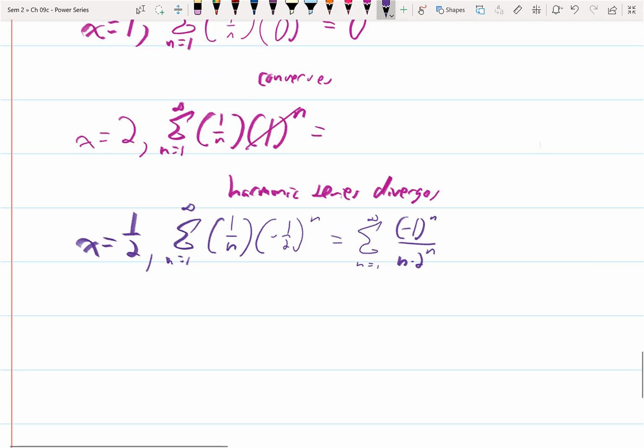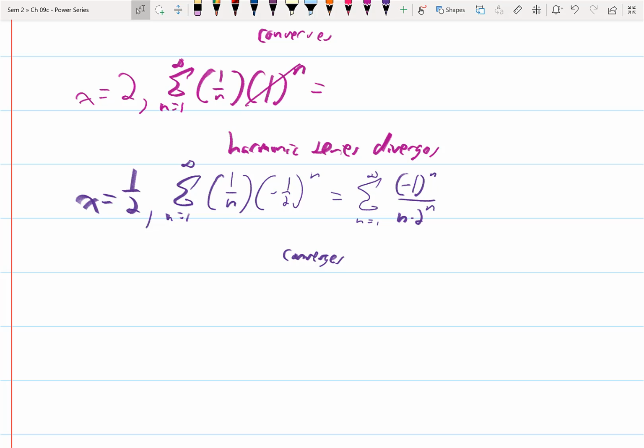And we can look at this one. We can actually do a number of different tests to prove this, but we can also prove it by the alternating series convergence test, since this particular series approaches 0. So we know that this converges. I'm just going to write converges here, because really we're just looking for the convergence of it. We're not looking for absolute or conditional.